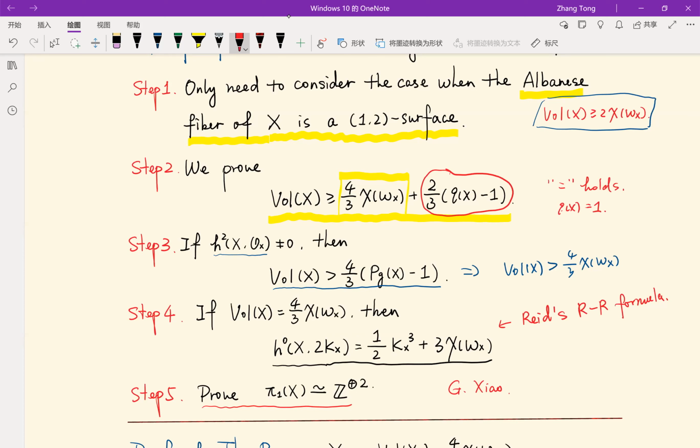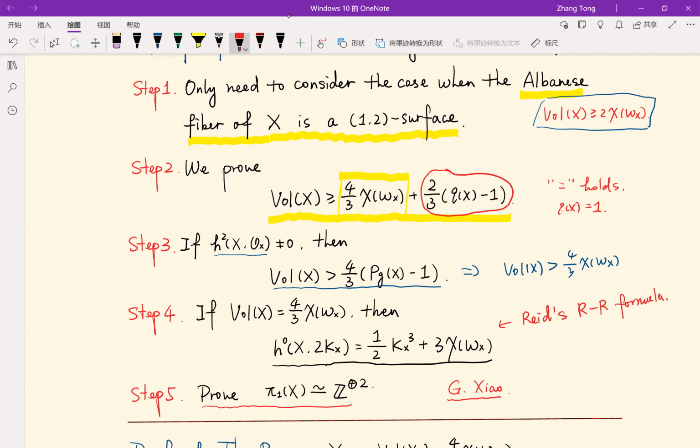Therefore, the fundamental group of the whole threefold will be isomorphic to the fundamental group of the base curve, which is the genus 1 curve. I saw this argument in the work of Gang Xiao, and I think maybe in the earlier work of Moishezon, and I think he also used this kind of argument.